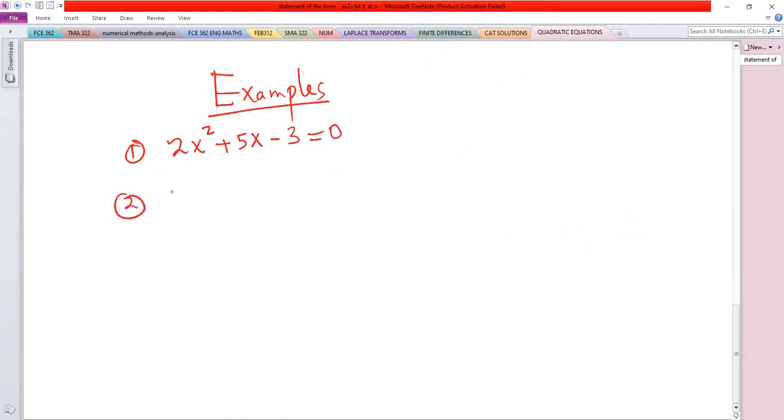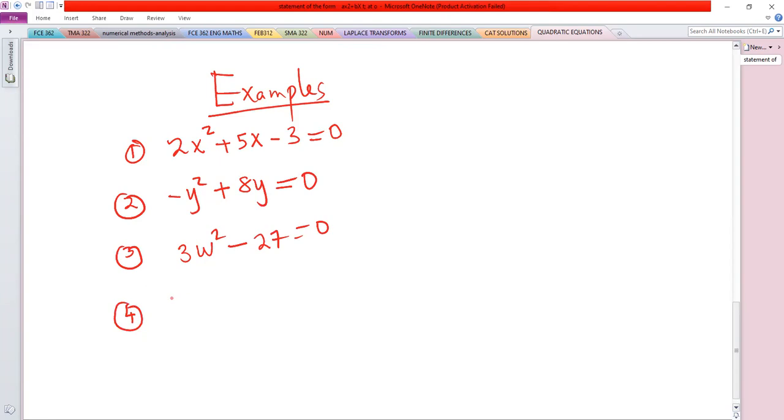Number 2, minus y squared plus 8y equals to 0. This will be quadratic in y. 3, 3w squared minus 27 equals to 0. This is quadratic in variable w. Number 4, y squared minus 16y plus 10 equals to 0.